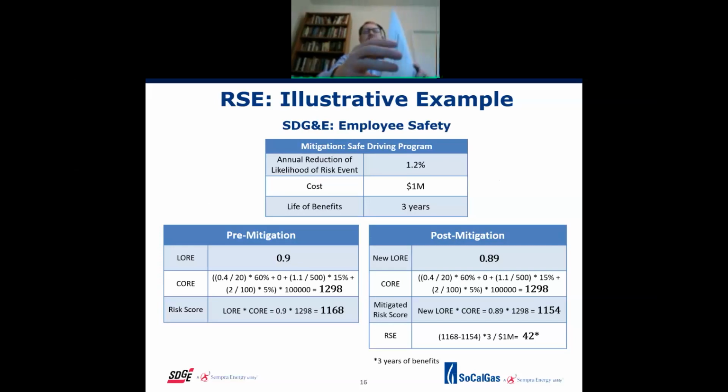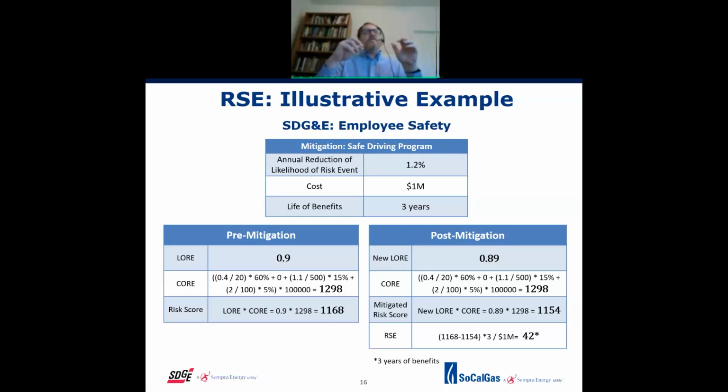I'm focusing on employee as before, so the numbers are consistent within our example, taking the risk score from like 2 slides ago, and then saying, okay, there's an activity, let's call it a mitigation, for a safe driving program. And we think that if that driving program was in place, and this is illustrative, so don't hang on to the effectiveness numbers, but let's say that we thought the safe driving program would reduce the lower by 1.2%.